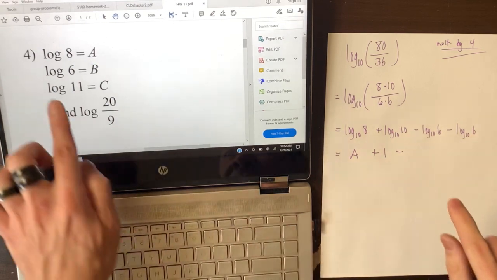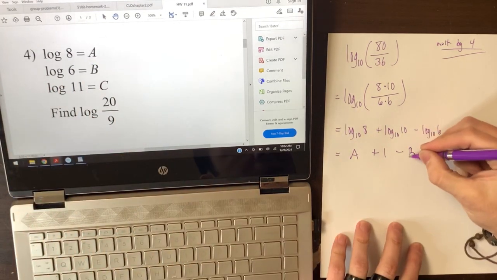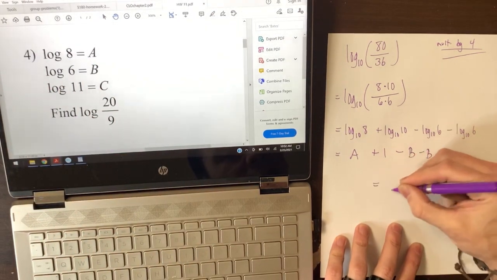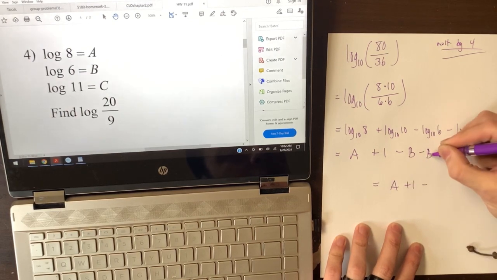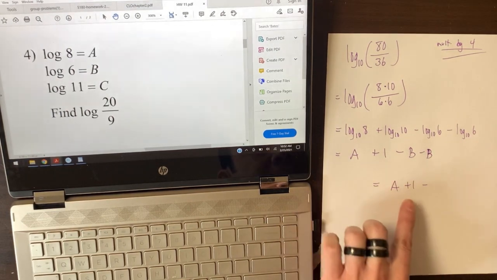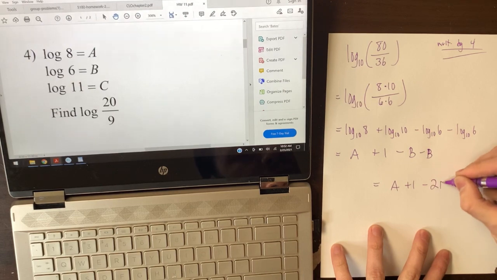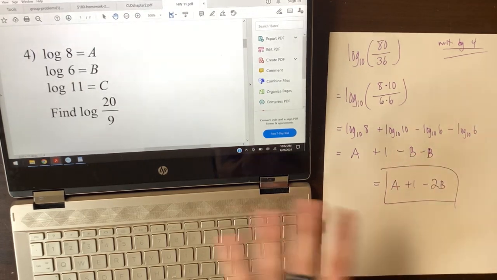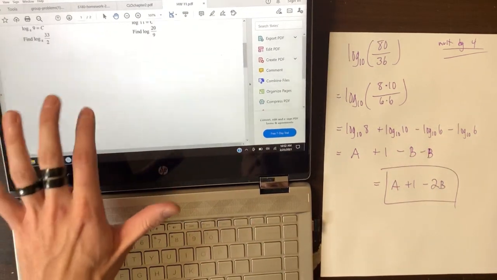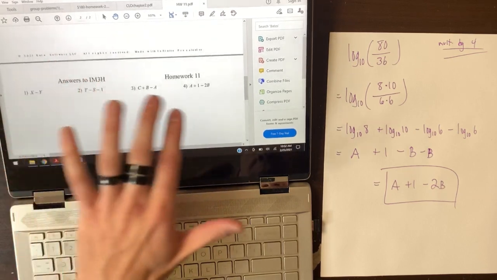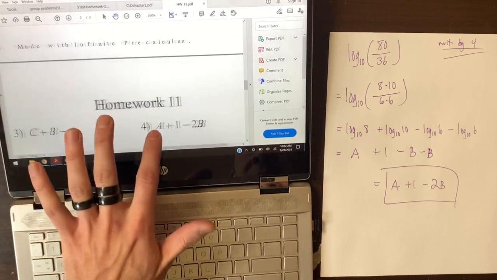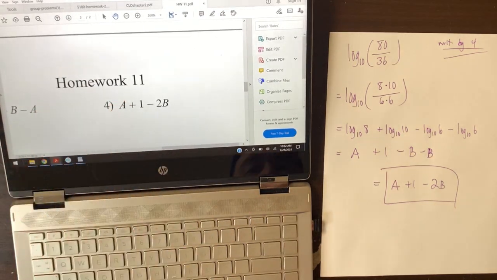Minus log base 10 of 6 is b, and then minus itself. So the final answer would be a plus 1 minus 2 copies of b. Is that what they had in the answer key for number 4? Let's see here. Yeah, check it out. A plus 1 minus 2b. So that is homework number 11.